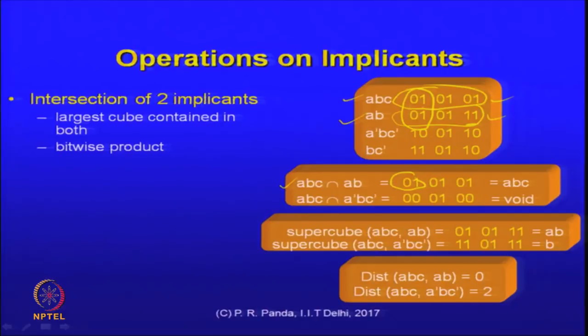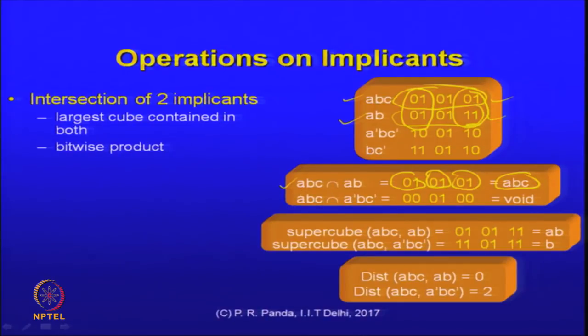All the corresponding places are intersected. You take the product here also and you get 0 1, and the intersection of these two gives us 0 1. It is a bitwise product. So, I essentially have recovered ABC, which is the right intersection of those two implicants.